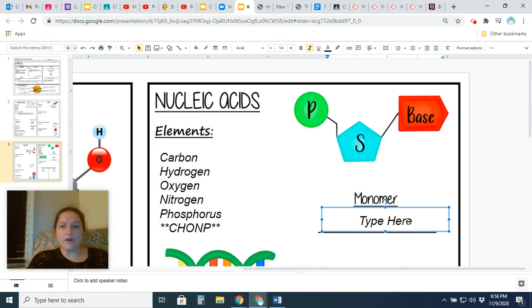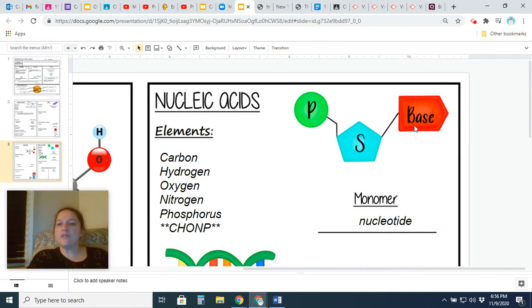The monomer of a nucleic acid is called a nucleotide. This picture right here is a structural picture of a nucleotide. Every nucleotide has three components to it. The first is a phosphate, which is where that phosphorus comes in.